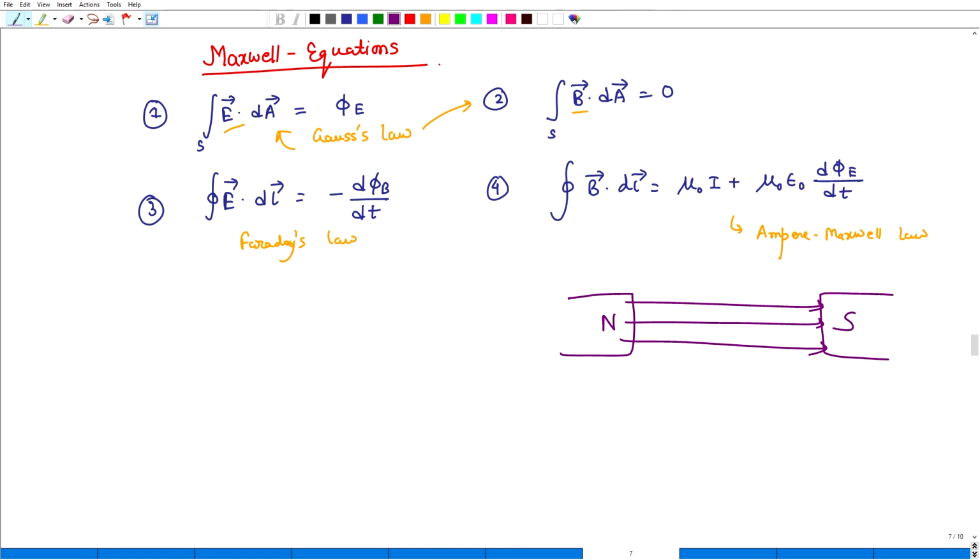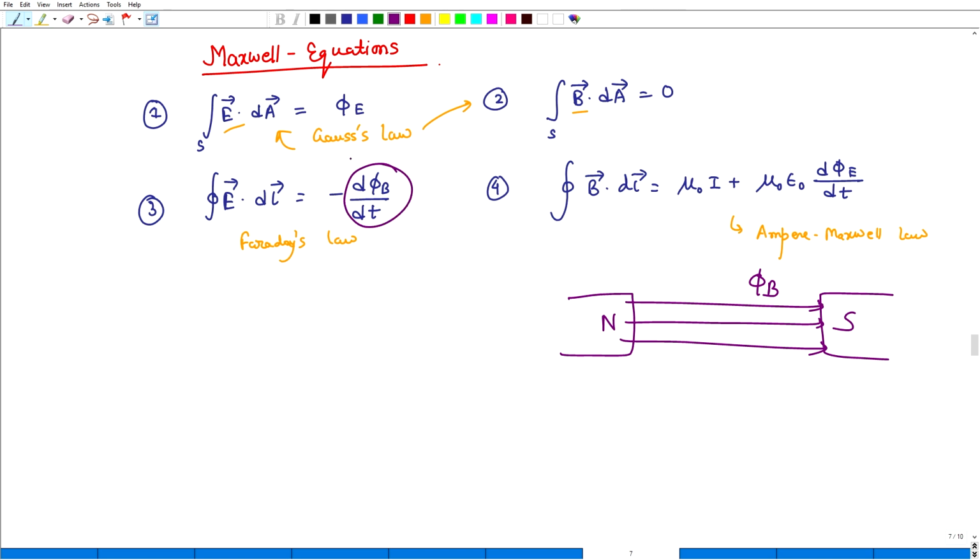If we change the magnetic field with time, then phi B, the magnetic flux, will also change with time. So there will be a change in magnetic flux with respect to time.